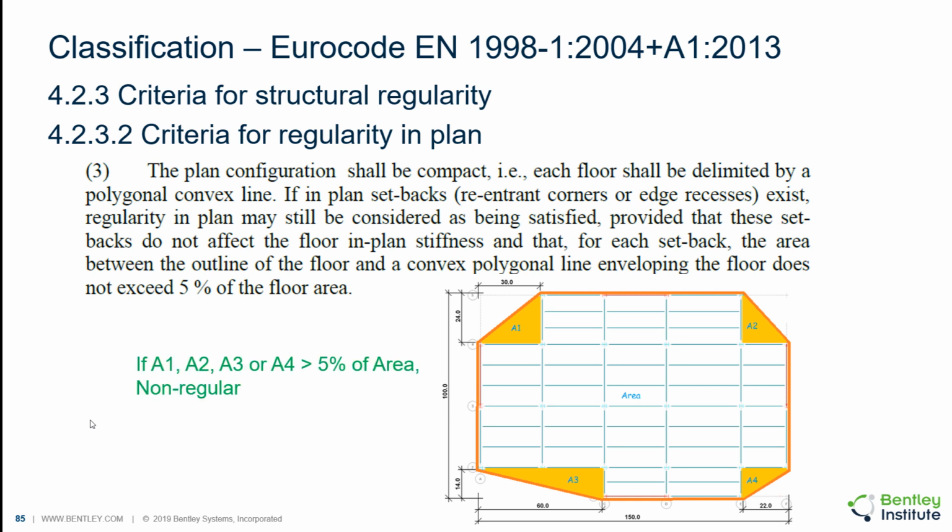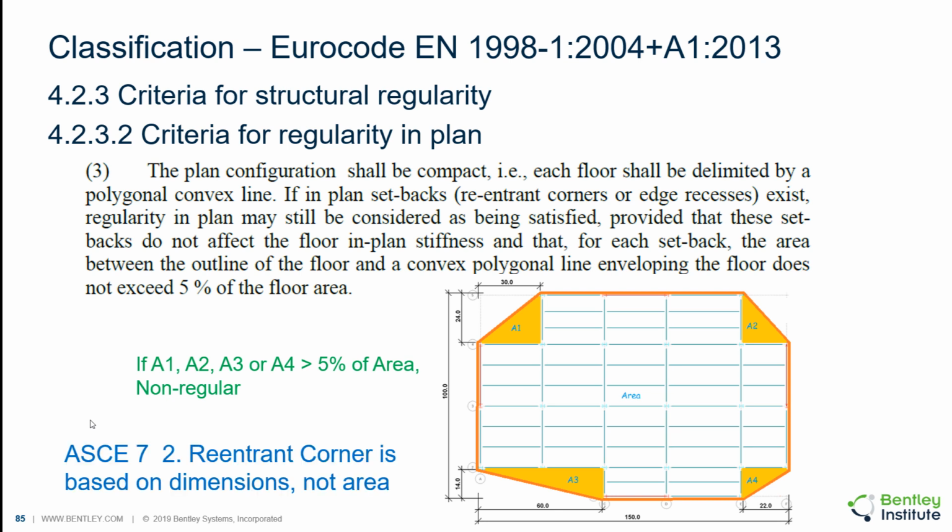If the area of any of these corners or setbacks exceeds 5% of the floor area, the floor is not compact, which means the structure is not regular. Note that this differs from ASCE 7, which uses dimensions rather than area. A1 in this example is about 3%, so not irregular per Eurocode, but recall that it is irregular per ASCE 7's definition.